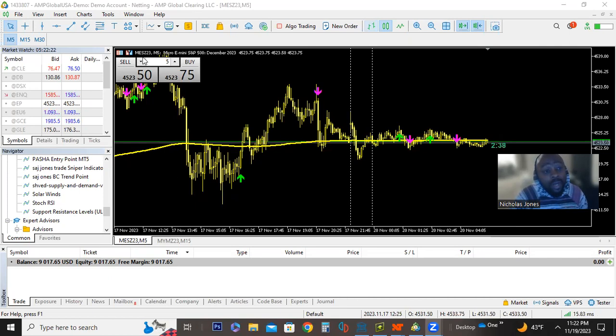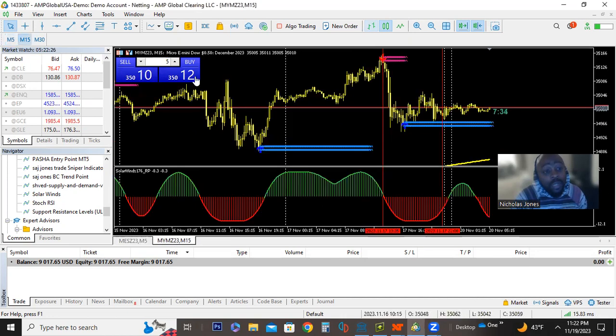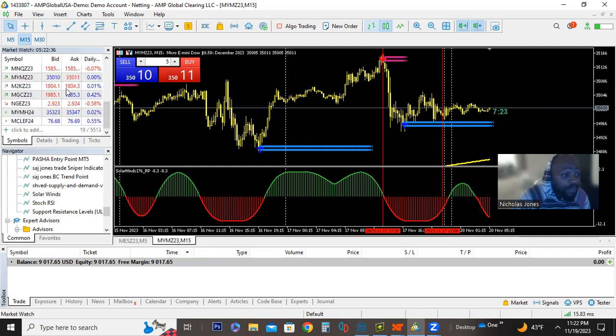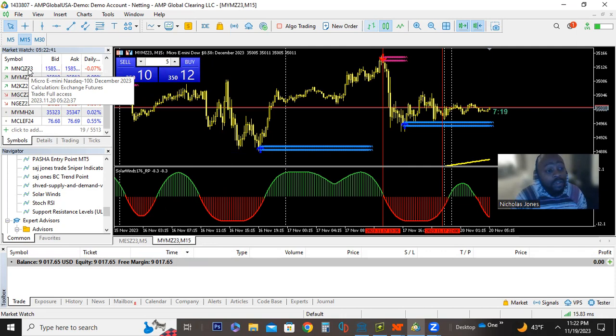So I got my S&P 500 here. I also like to trade the Dow, so I have the Dow Jones here. I also trade the NAS. You can trade micro E-mini NAS.